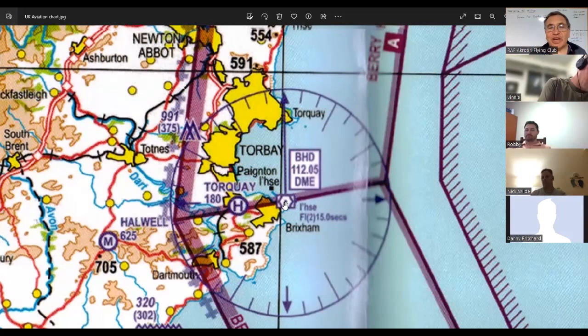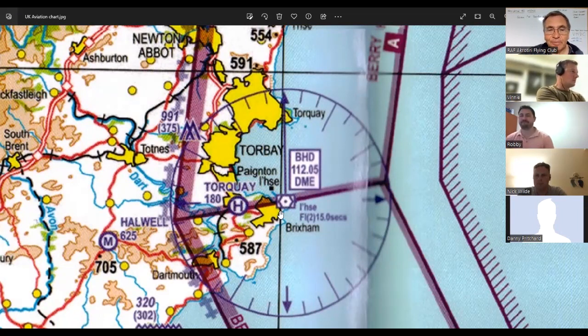The difference between true north, which is obviously this line of longitude, and this arrow here, is actually the variation. We've already said that the variation in this area is about 2 degrees. So the difference between that arrow and this straight line is going to be 2 degrees.